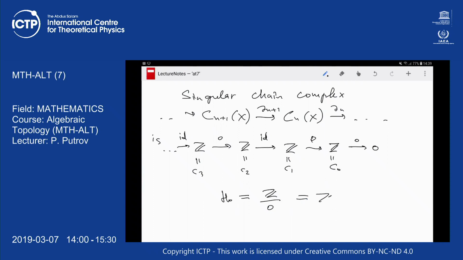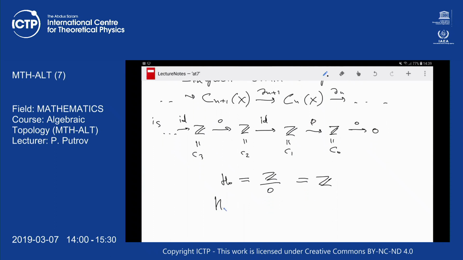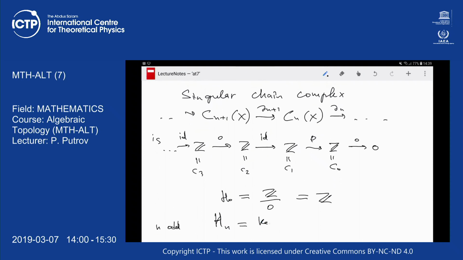So this will be the whole Z. Then for n odd, Hn will be the kernel of Dn divided by the image of Dn plus 1.